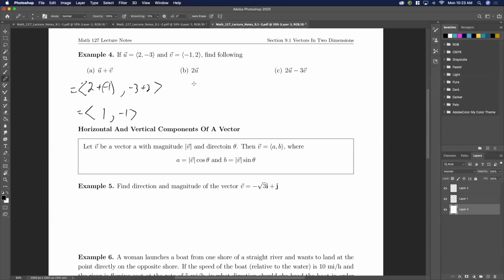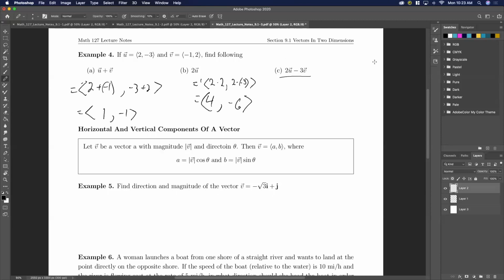Here, if I want to take 2u, we just do 2 times 2, and 2 times -3. So here I'll get 4, -6, which is 2 times this vector.